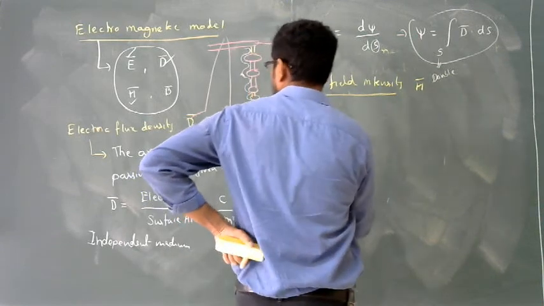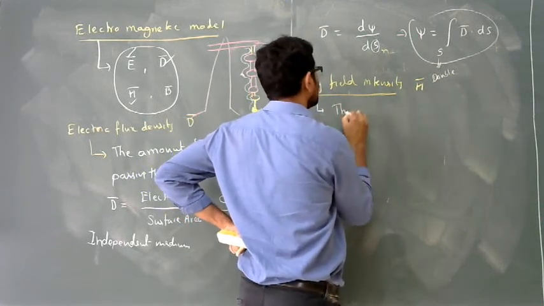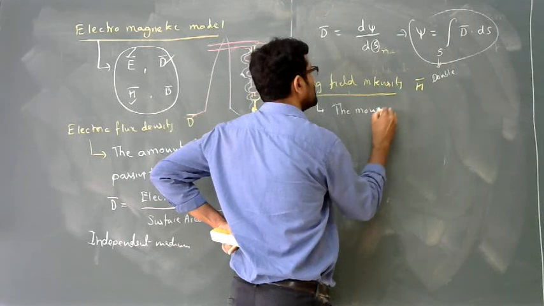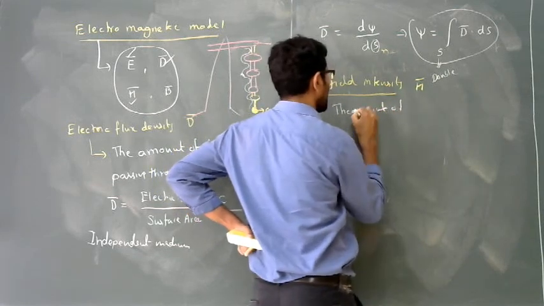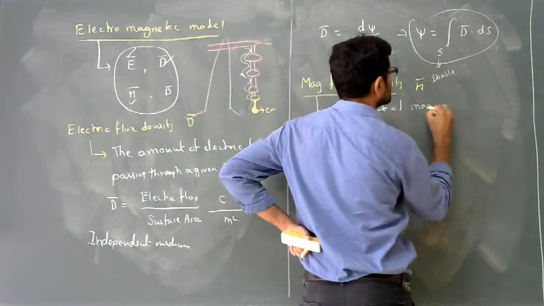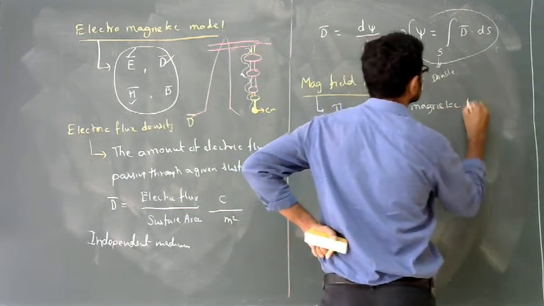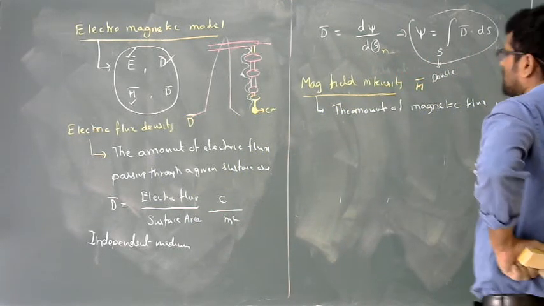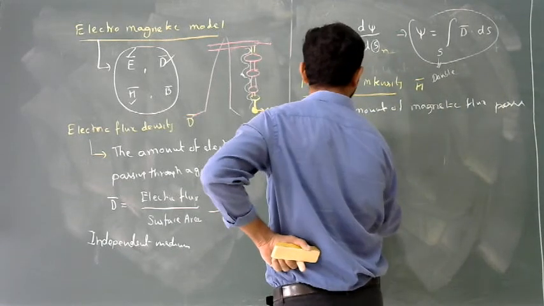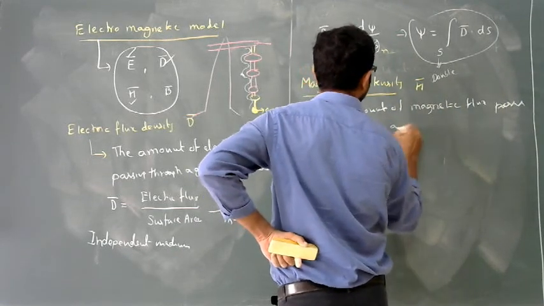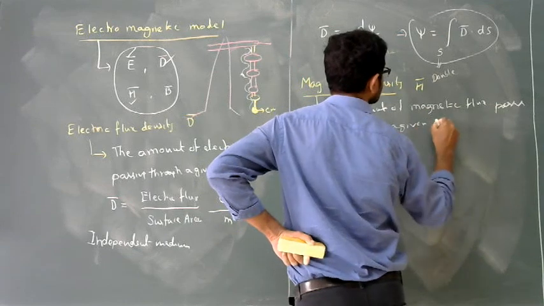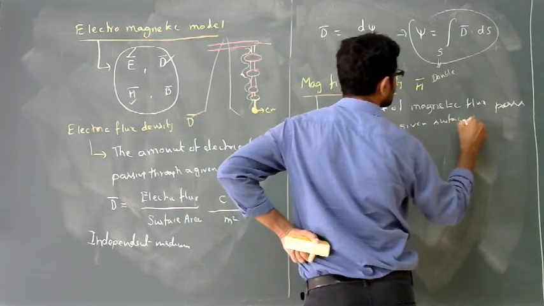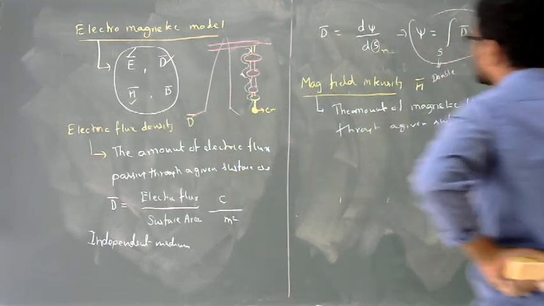It is the amount of magnetic flux that passes through a given surface.